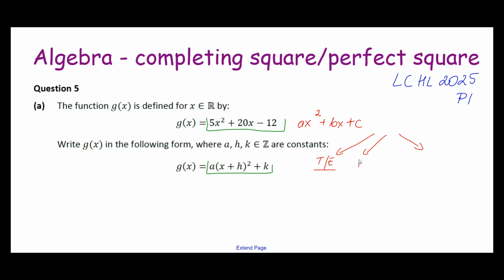Then the second option: there is a formula that we can use. The problem with that formula is that it is not in our tables, so we have to know it off by heart. What's the problem with that? You have a lot of things that you have to learn and remember.